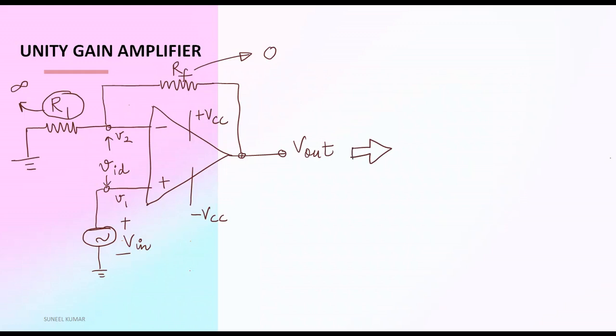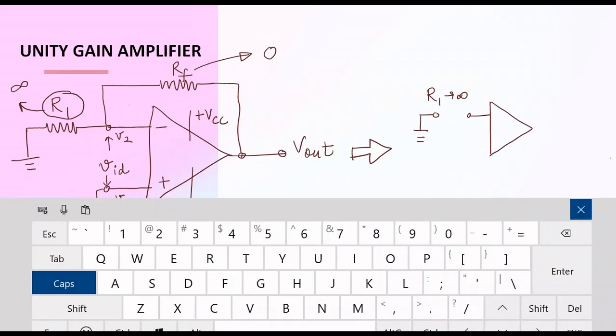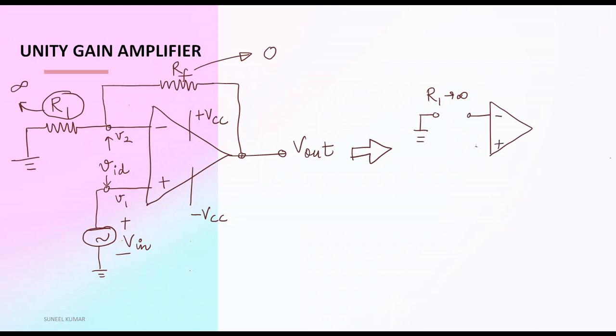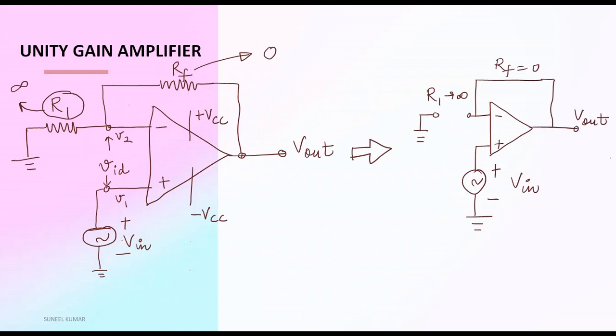This R1 becomes infinite, this is minus, this one is plus, and here V input. And this RF is 0, which means this becomes a short circuit, and this is the output.